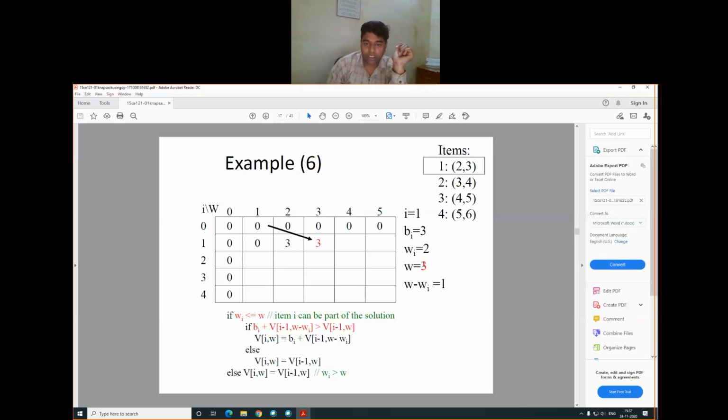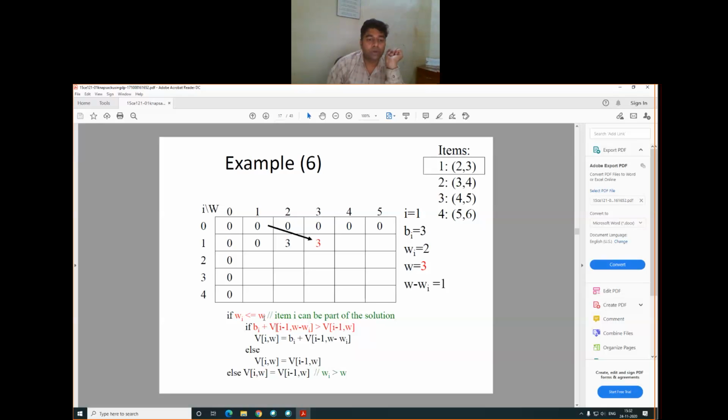Okay, and now in the next step, w is equal to 3, and again we are on the first condition, w of i, which is highlighted in red. Just focus on the red highlighter, because it shows that this condition is true for that particular case. Here on the right side we are changing the value.